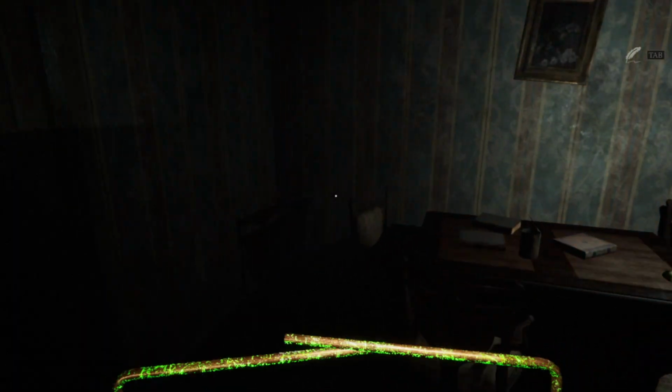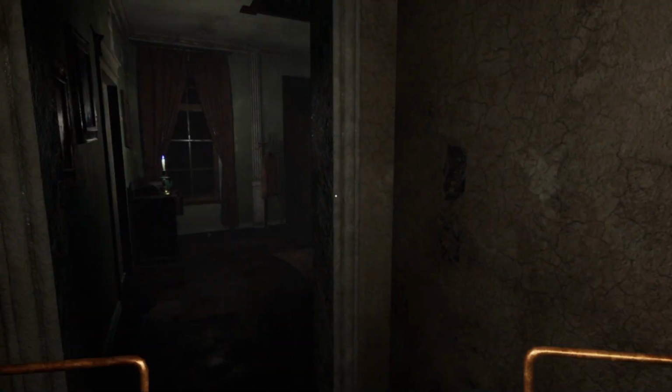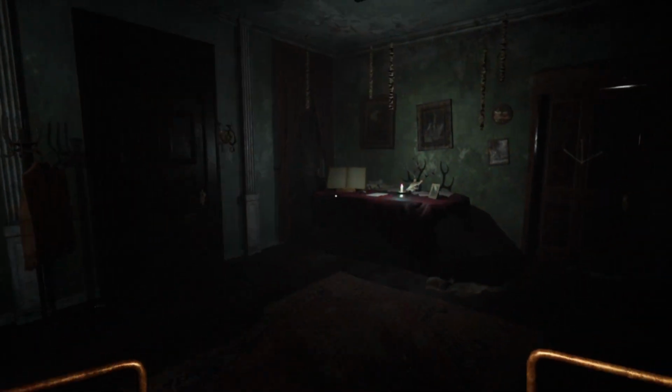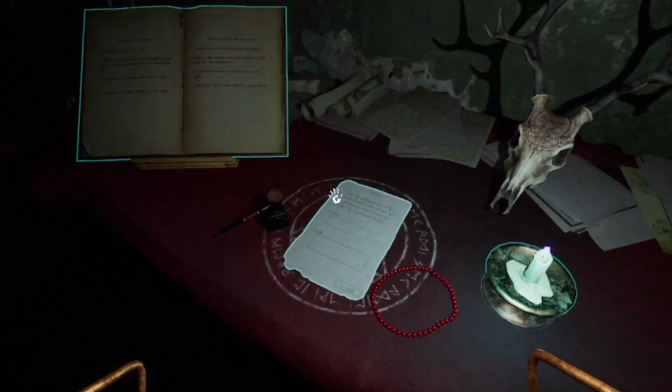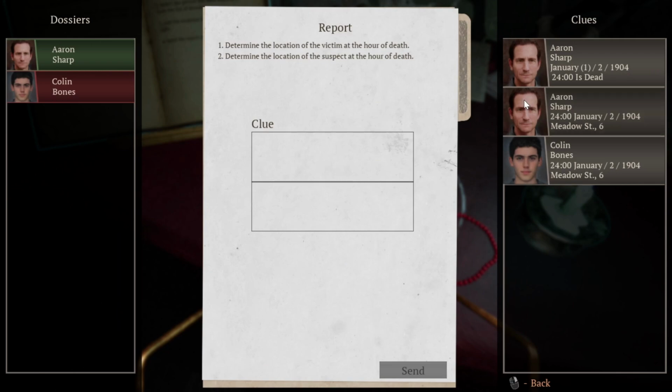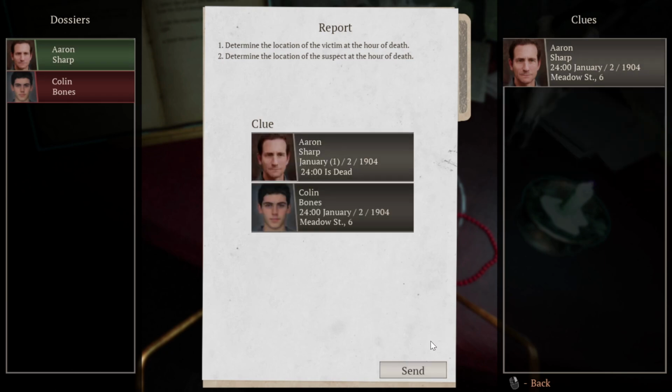There we go. Alright, that's everything. That's still covered. Good. Yeah, the lightning now adds a whole different element there that's a bit on the creepy side. Alright, so we have the time of death. So we'll put that in there, and we'll put that one there. And send.